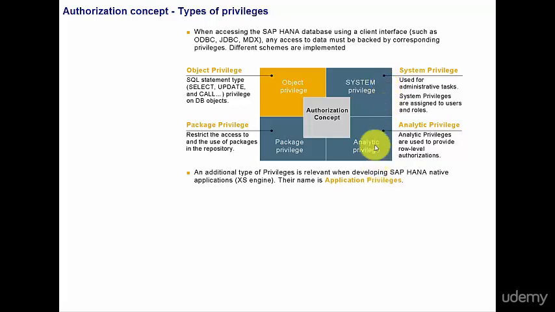Finally, you have the analytic privileges. Analytic privileges are the ones which control the access to the data inside a specific cube. You control the access to the cube itself by the package privilege, but you control the access to the data inside the cube using the analytic privilege. We'll see more of this in the actual exercise.